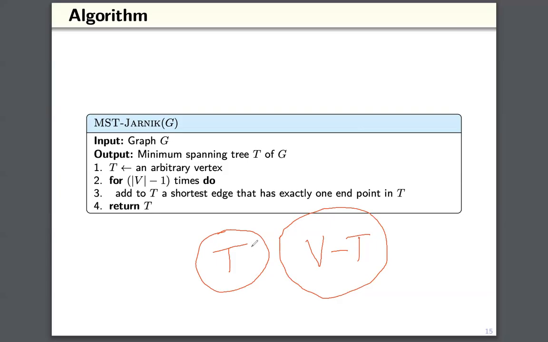In the ith iteration, there are a lot of edges which have one end point in the tree and one end point outside the tree, correct?